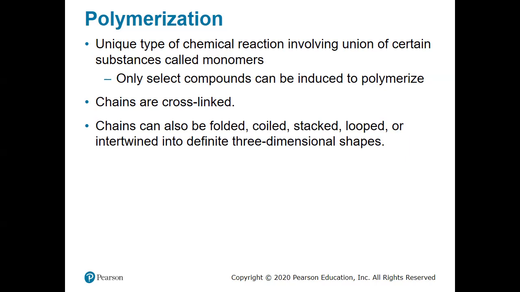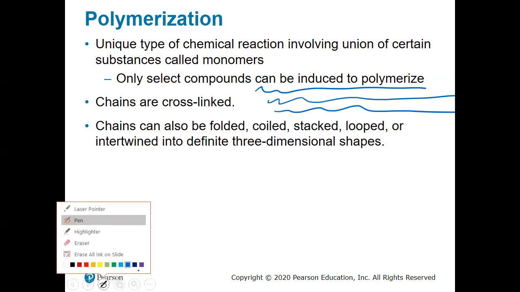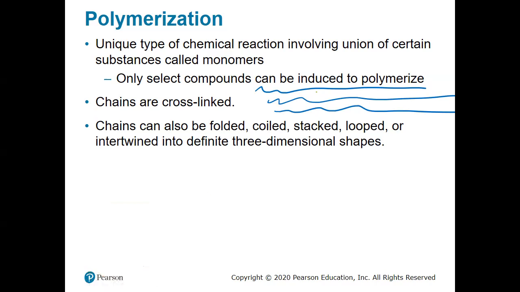So if you can imagine the polymer molecules forming these long chains, crosslinking is the creation of bonds between the chains and each other, with the result being a more rigid structure as a result.